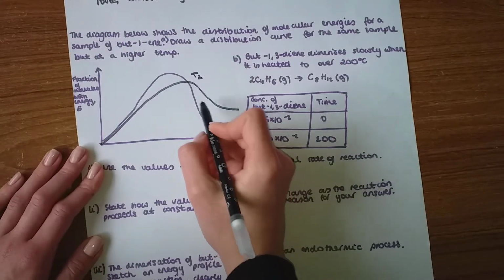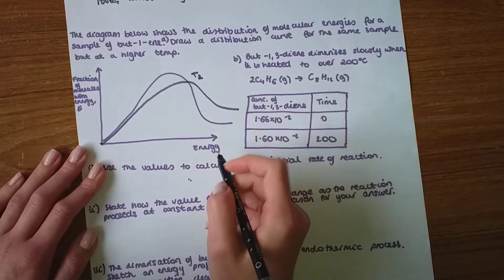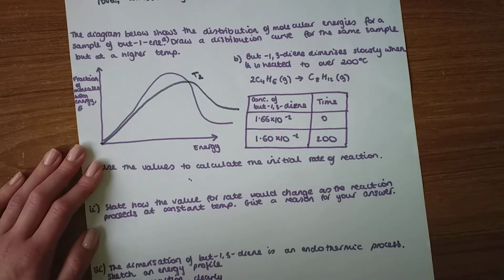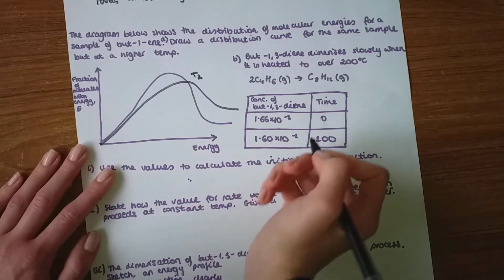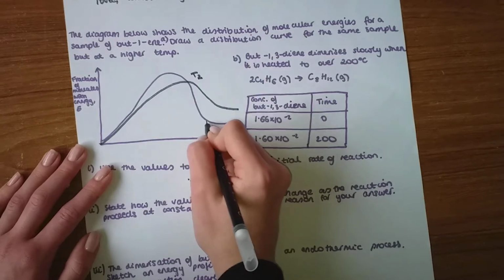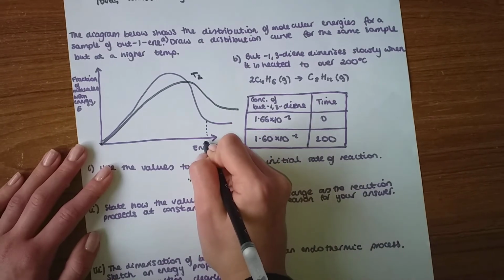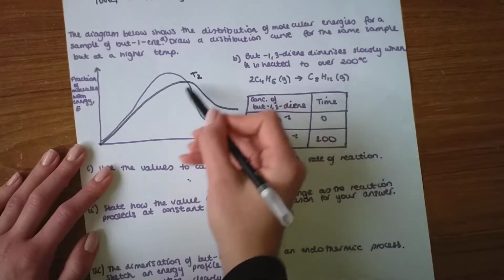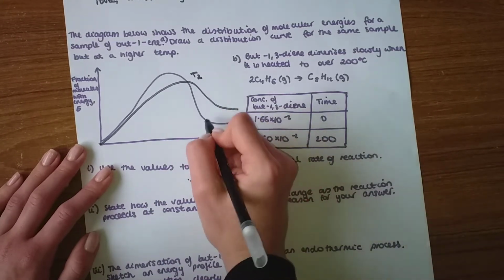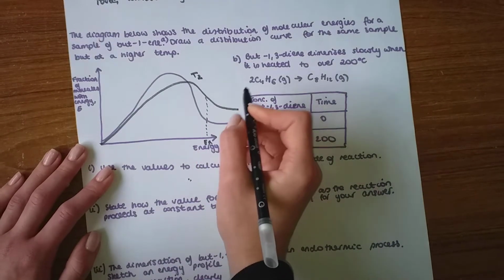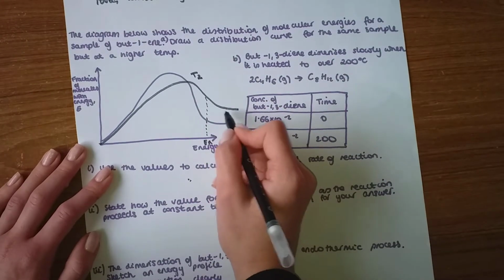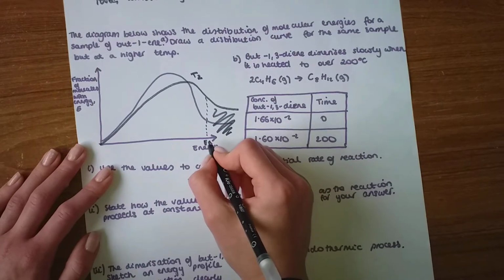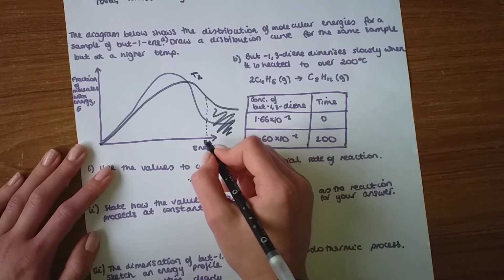Just imagine we've got this line here, saying the activation energy. When you increase the temperature, there is a bigger part of these molecules that will reach the activation energy.